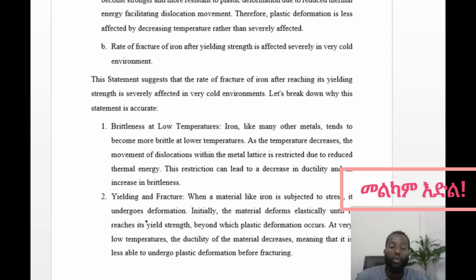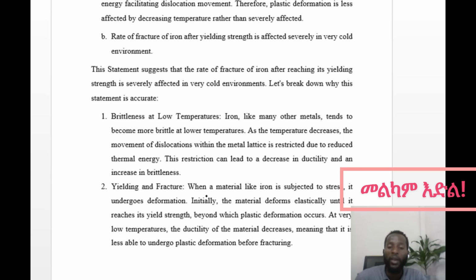Second, in yielding and fracture, when a material like iron is subjected to stress, it deforms elastically until it reaches its yield strength, beyond which plastic deformation occurs. At very low temperature, the ductility of iron is decreased. That means it is less able to undergo plastic deformation before fracturing.